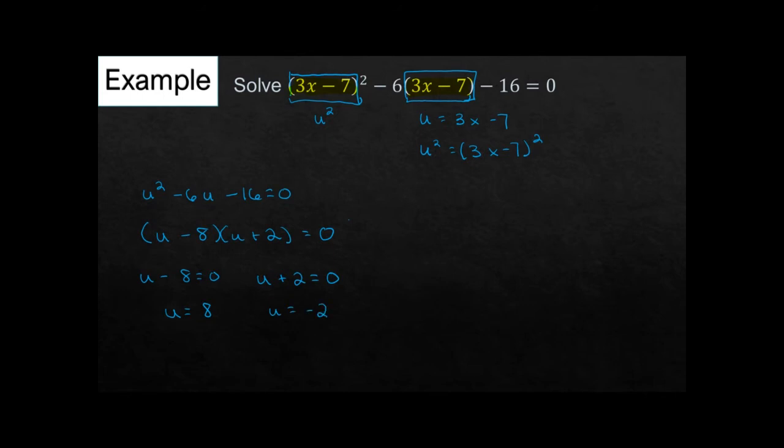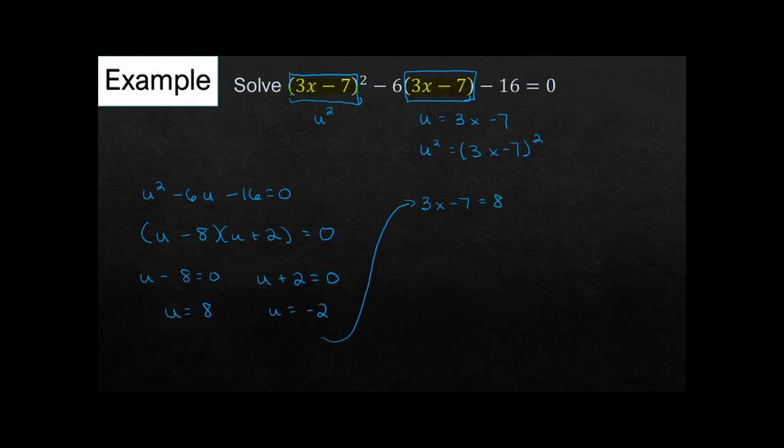But this is usually where people forget that we're not solving for u, we're solving for x. So we're not done. Once you find u, you need to now plug in 3x minus 7 for u, because that's what we set u equal to. So instead of u equals 8, we have 3x minus 7 equals 8.